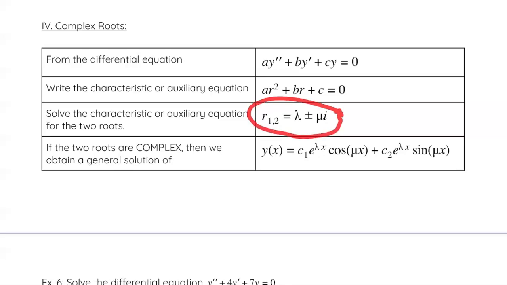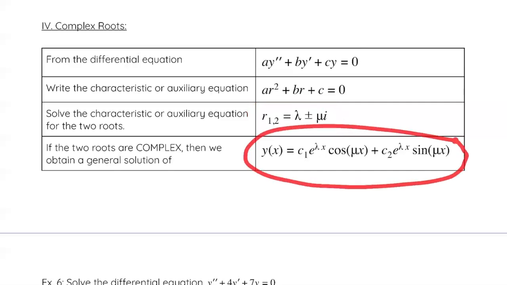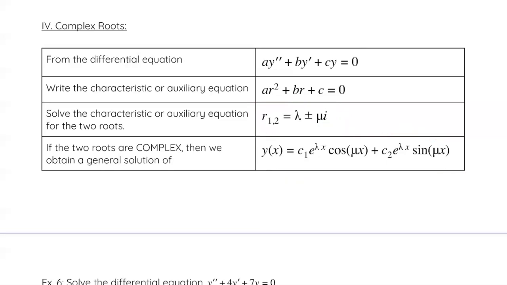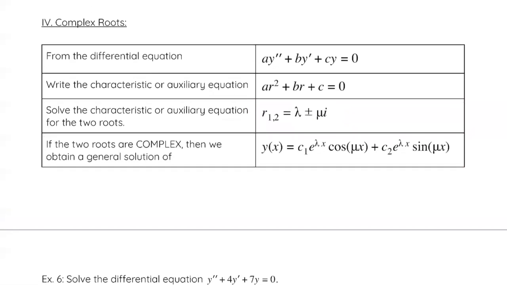If this happens, we will end up with sines and cosines in our answer. Our solution for ones that have complex roots looks much different than the previous two that we saw.